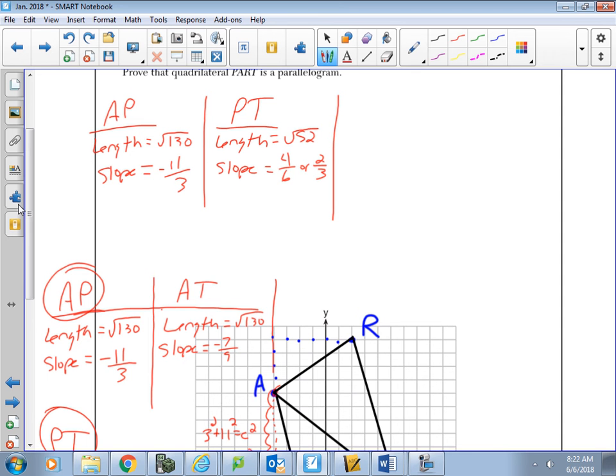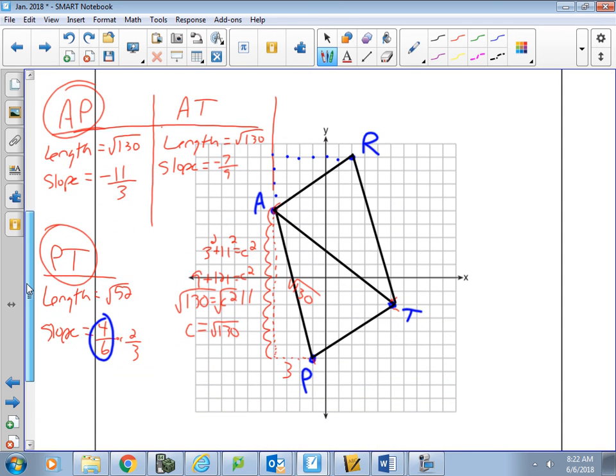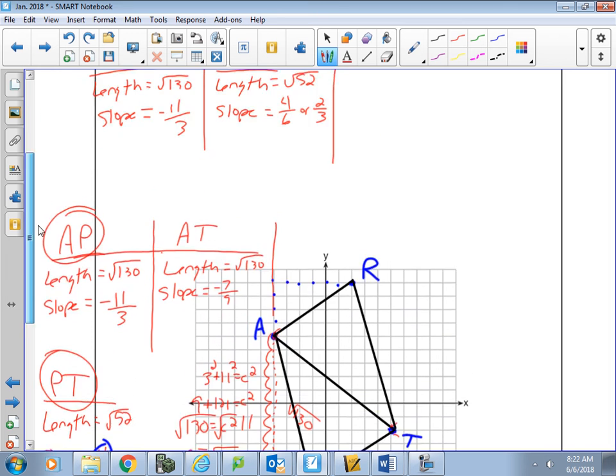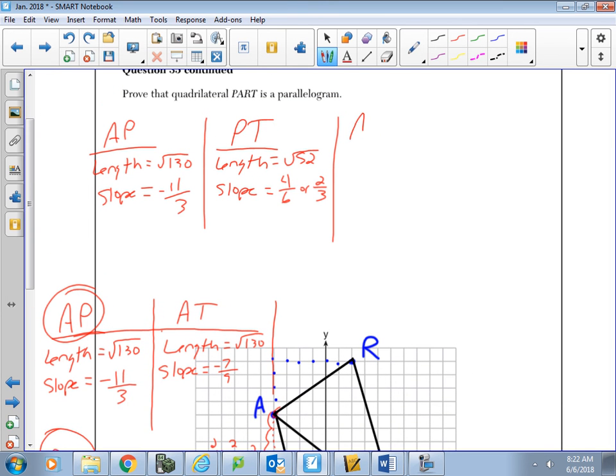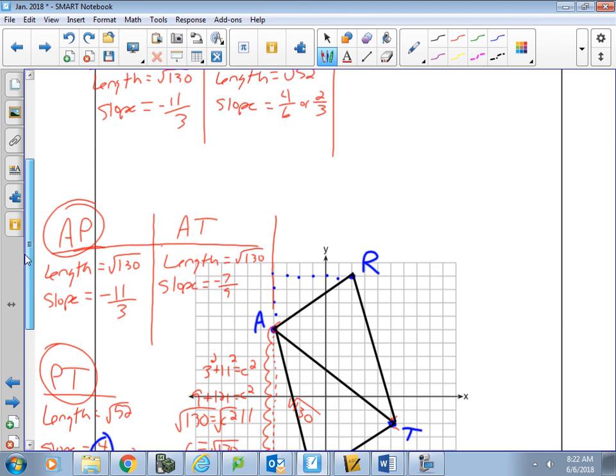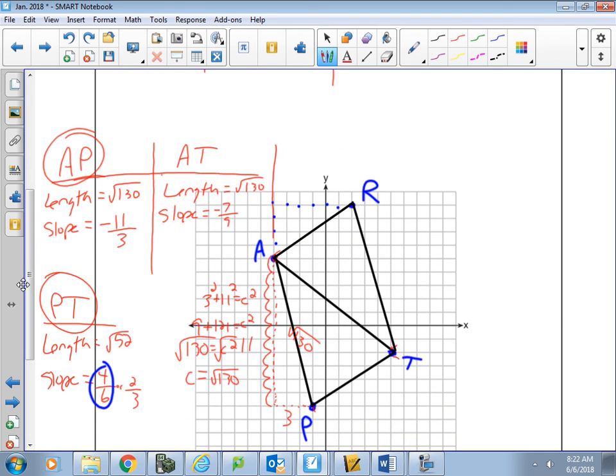All right, now we have to find the other ones. And what about AR? Yeah, so let's do AR. So A to R, again, we already kind of did the work for the slope when we tried to figure out where R is. But let's just go ahead and remember the slope is up 1, 2, 3, 4 over 1, 2, 3, 4, 5, and 6.